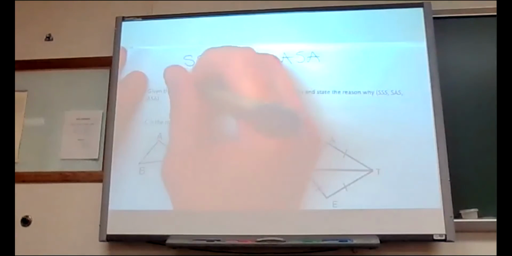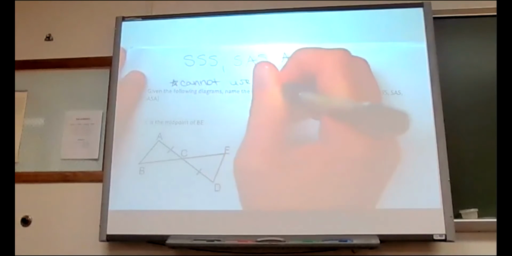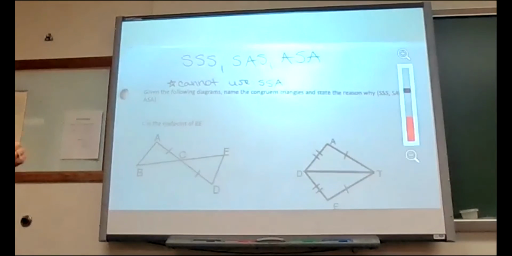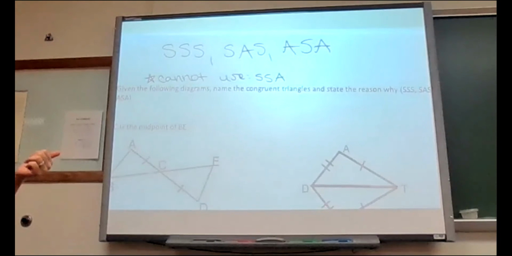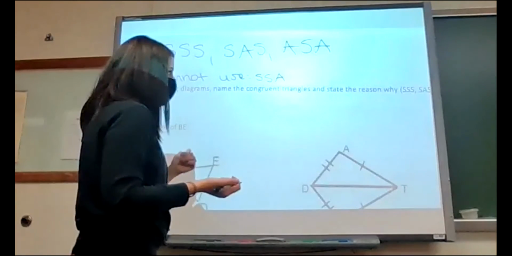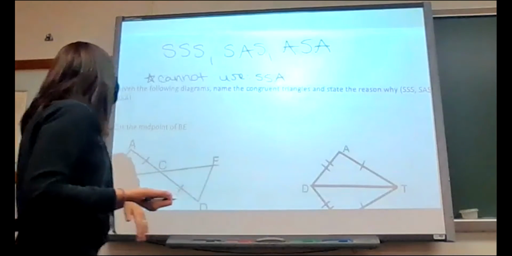We cannot use side, side, angle, or if I wrote it the other way, angle, side, side. The easiest thing to remember: if it's a swear word in one direction, it's not usable. So no side, side, angle, or angle, side, side. This does not work. It doesn't prove that the triangles are congruent.